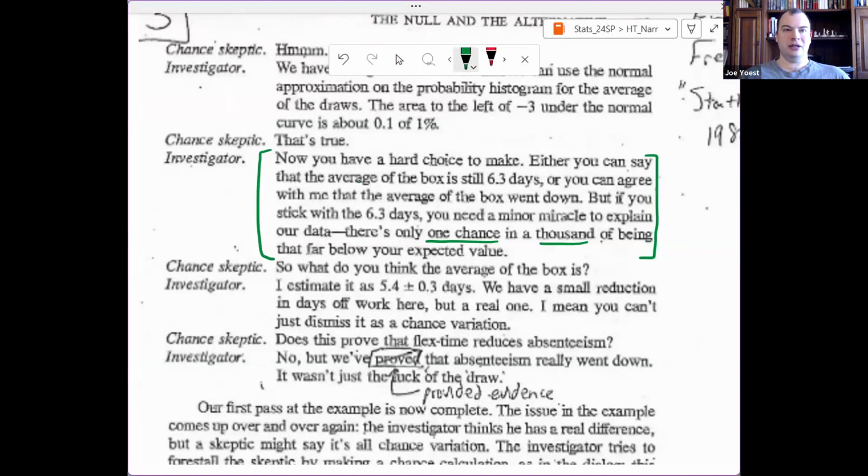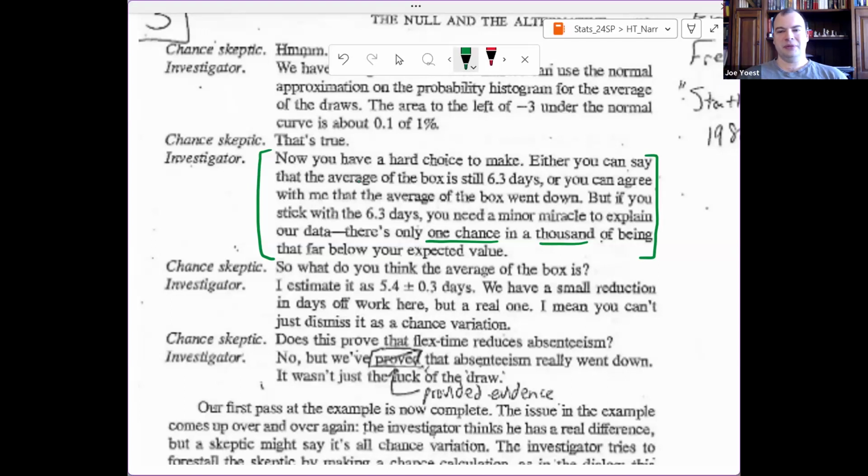So you can dig in your heels and say the status quo is still the same, the mean is still 6.3 days, but then you're saying that to explain the data that we actually achieved, this mean of 5.4, you need a minor miracle.